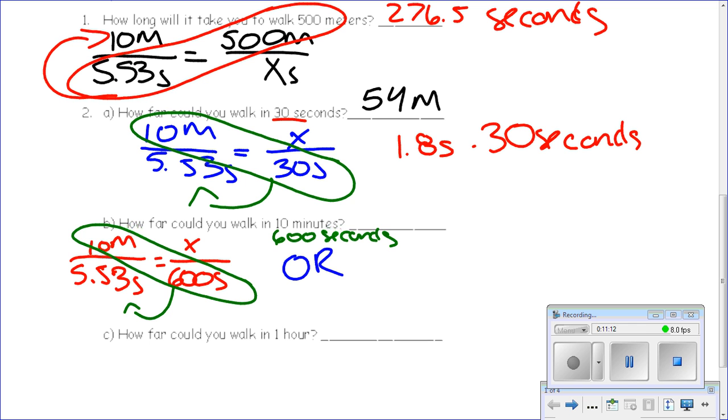What is our other way to write our constant rate? 1.8. And that's meters per second. So I can multiply that by what now? Yeah, by 600. Whatever way I want to write it and solve, they're both the same answer. So when I multiply this, or if I'm cross-multiplying and then dividing, both times I will get 1080 meters.